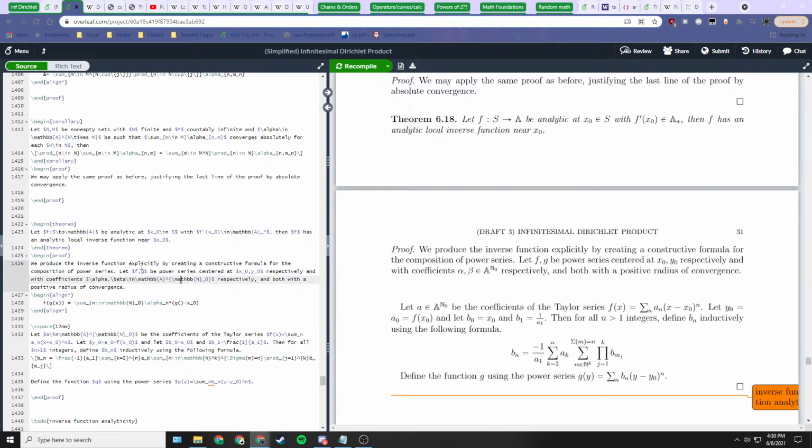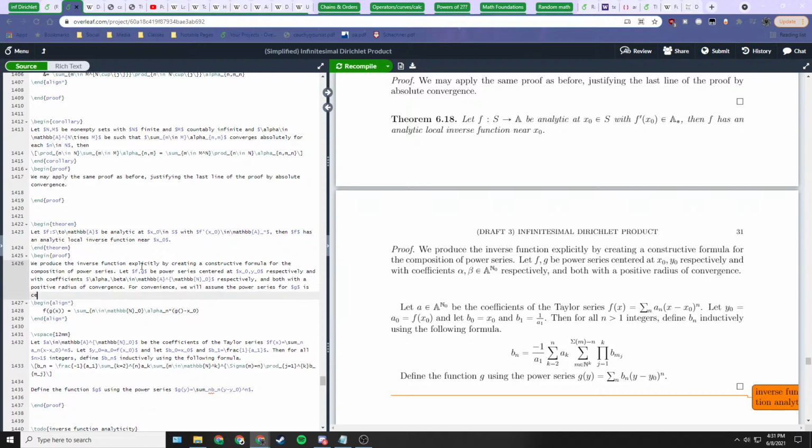We'll say that the power series for g is centered at f of x0, so we'll just say y0, because y0 is f of x0.